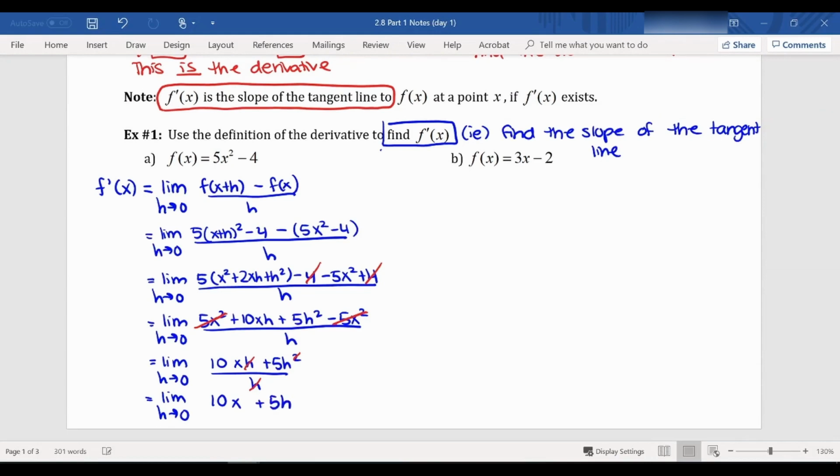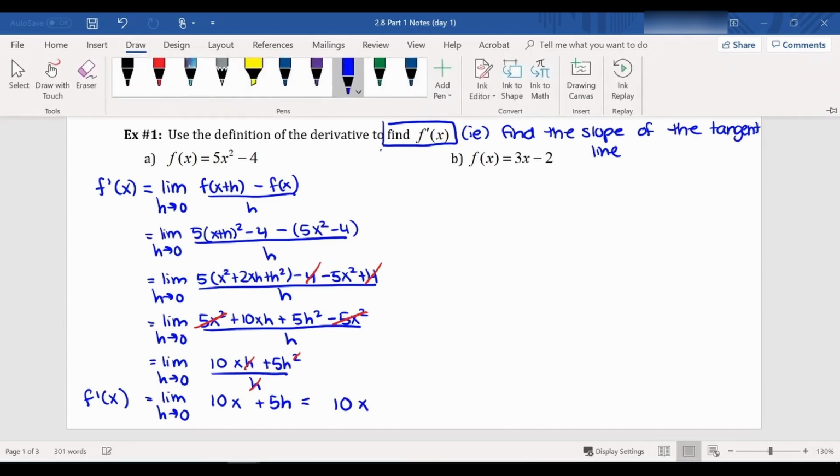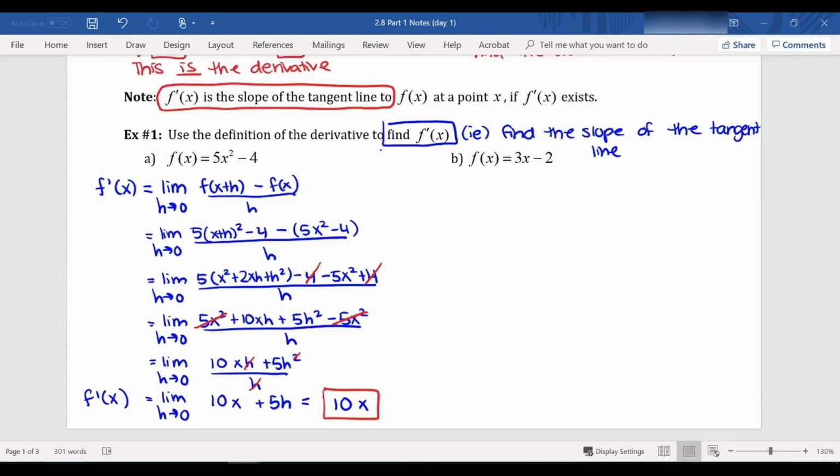And once we are all simplified, we can actually evaluate our limit. If I plug h as 0 in, I just get 10x. The 5h term becomes 0. Okay.